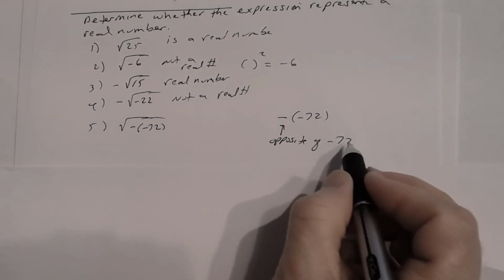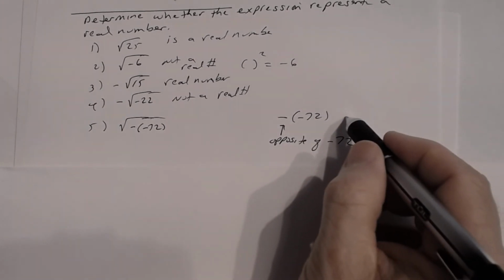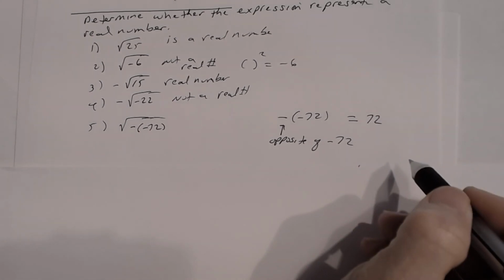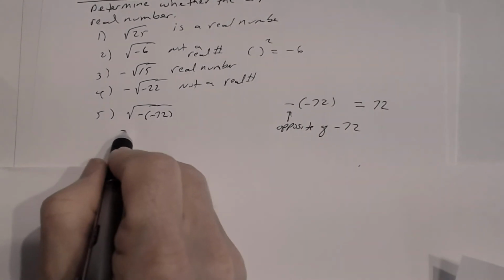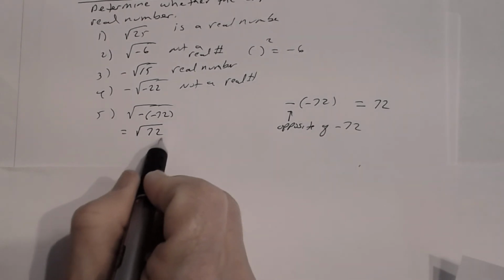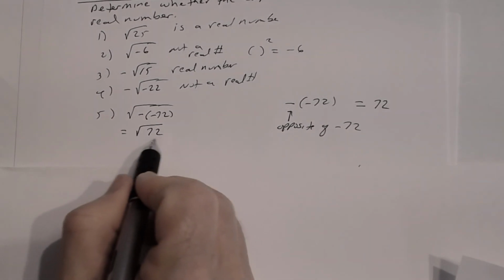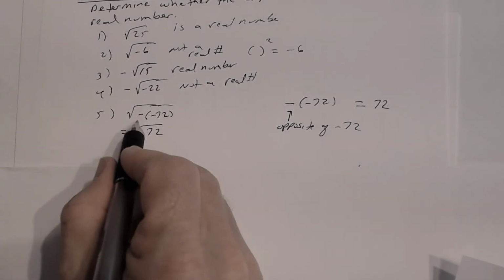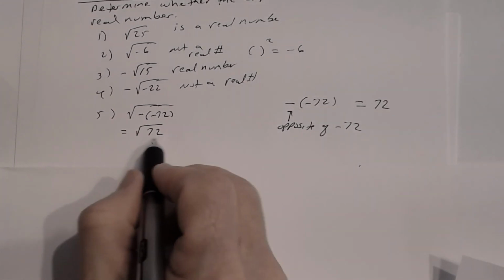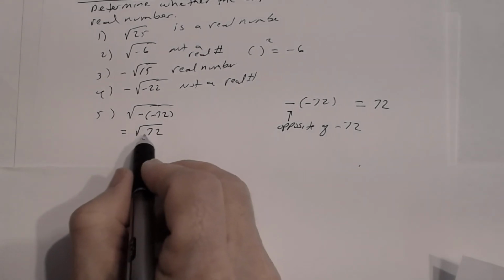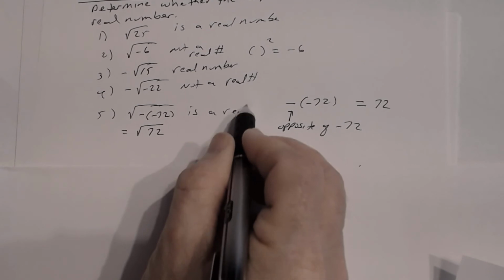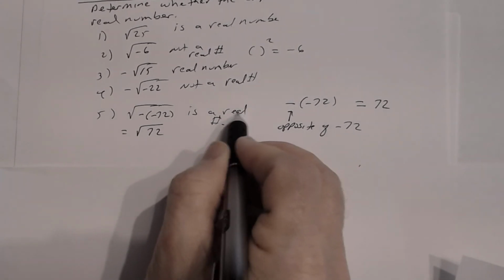And what's the opposite of negative 72? Positive 72. So this means the same thing as the square root of 72. Now tell me, is this radicand positive or negative? It is positive. So is it a real number or not? Since it's positive, it's equivalent to the square root of 72. It's a real number.